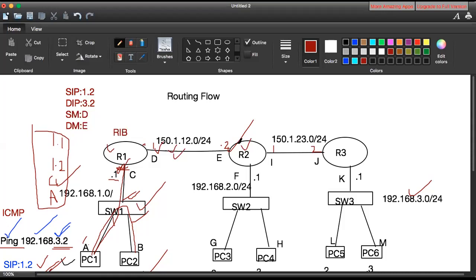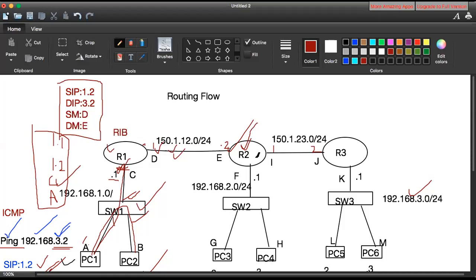Now when R2 receives this packet, R2 is going to do the same thing that R1 has done. It is going to open the layer 3 header and check the source IP and destination IP. Source IP is 1.2, destination IP is 3.2. R2 is going to look at the routing table. If it finds the information in its routing table, it is going to forward it.